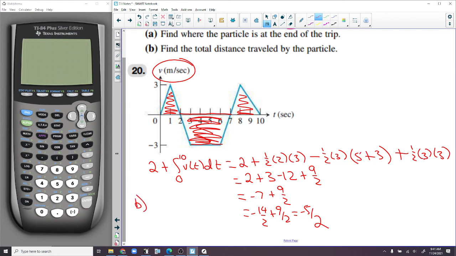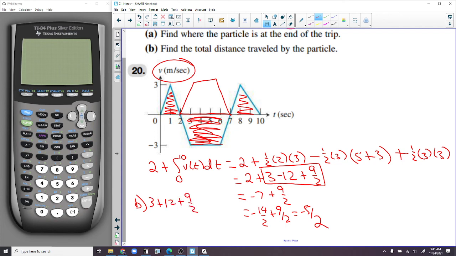B, find the total distance traveled by the particle, and that's actually the absolute value of these values right here. So we want this trapezoid to be positive, so we're going to take 3 plus 12 plus 9 halves.